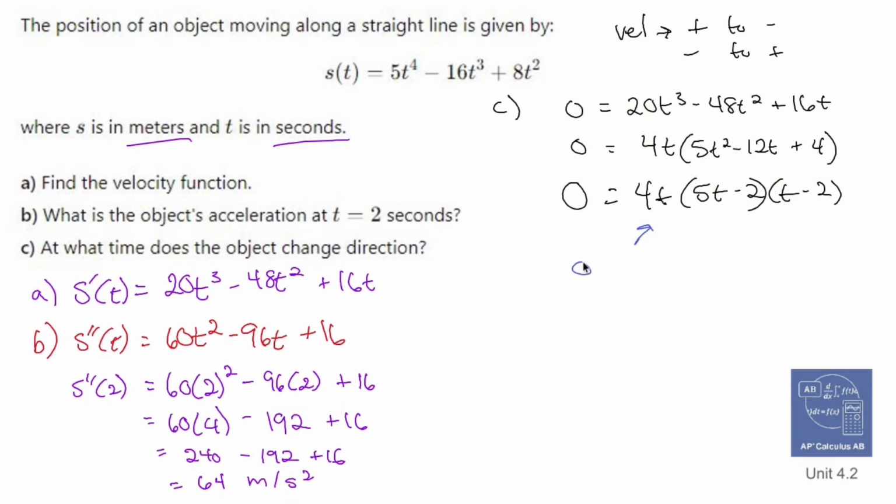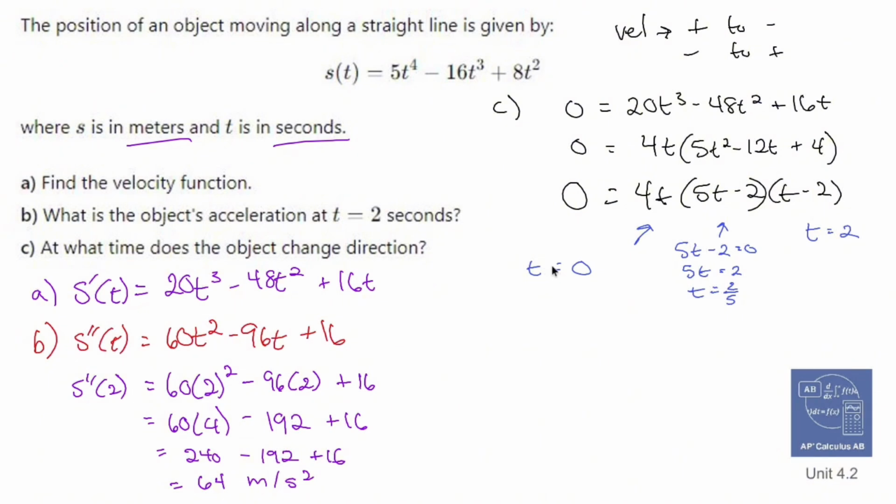0 is going to be my first one. This one I'm going to set equal to 0, so 5t minus 2 equals 0. So if you add 2, you get that, and if you divide by 5, you get that. And then t equals 2 is my other option. So I have 3 spots where at the very beginning, technically, you do have a direction change.